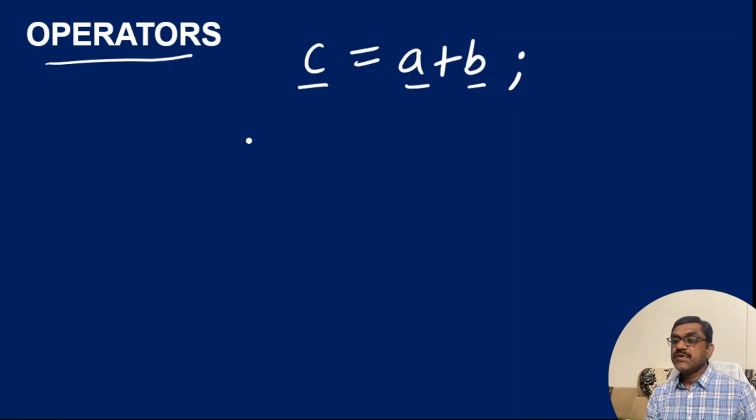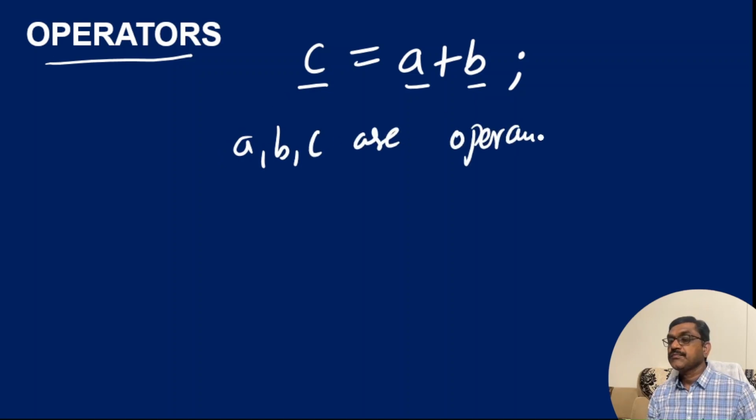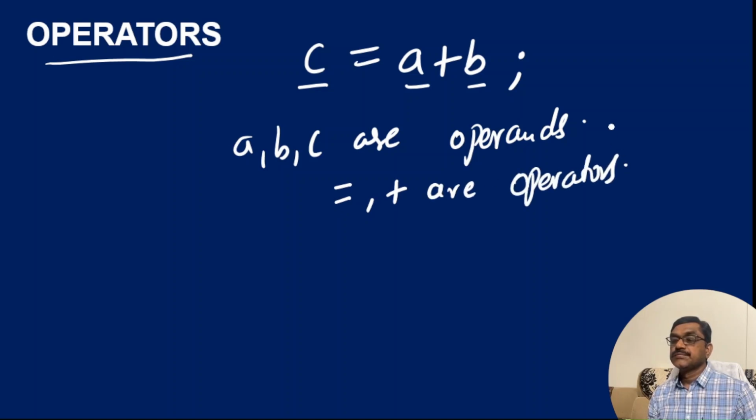In this expression, the variables a, b, c are known as operands, whereas the equals to and plus are operators. So an expression consists of operands and operators.